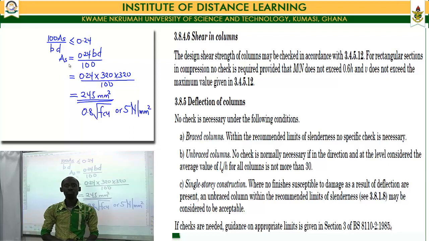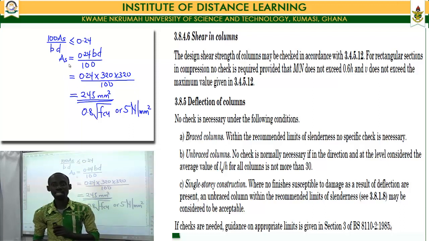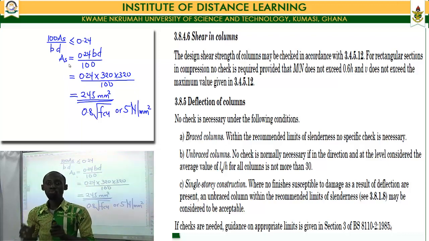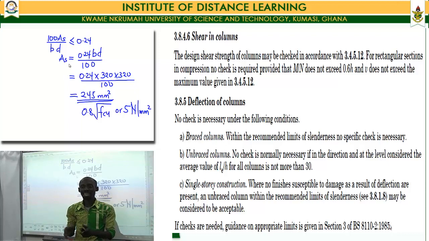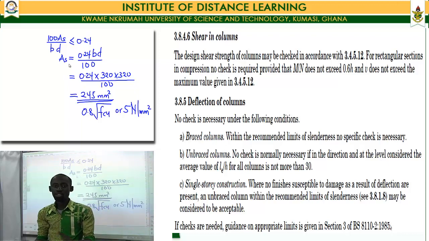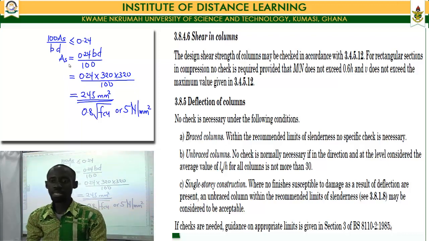Now, moving forward, when it comes to the deflection of columns, it says that no check is necessary under the following condition. 1. For a braced column, within the recommended limits of slenderness, no specific check is necessary. Now, because we are not dealing with a braced column, we can't really rely on the first provision that is given.